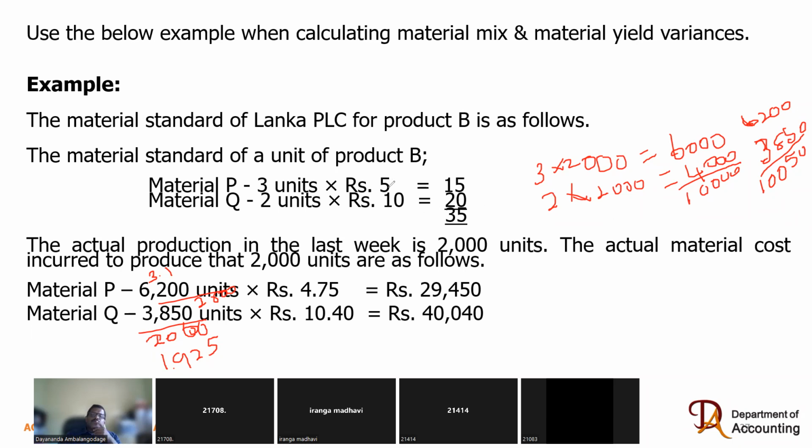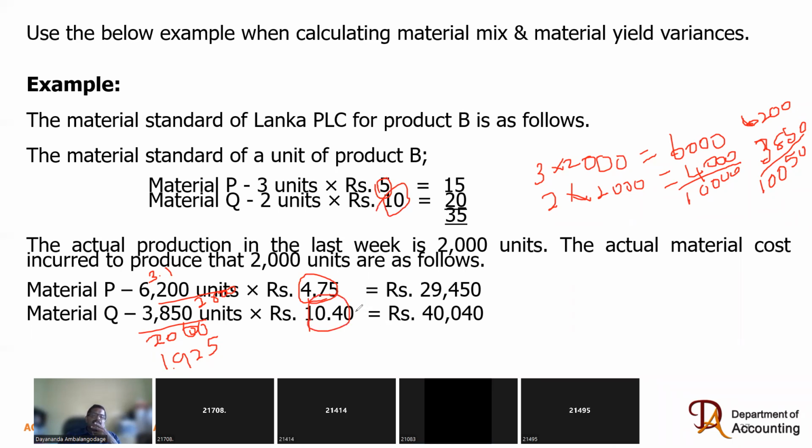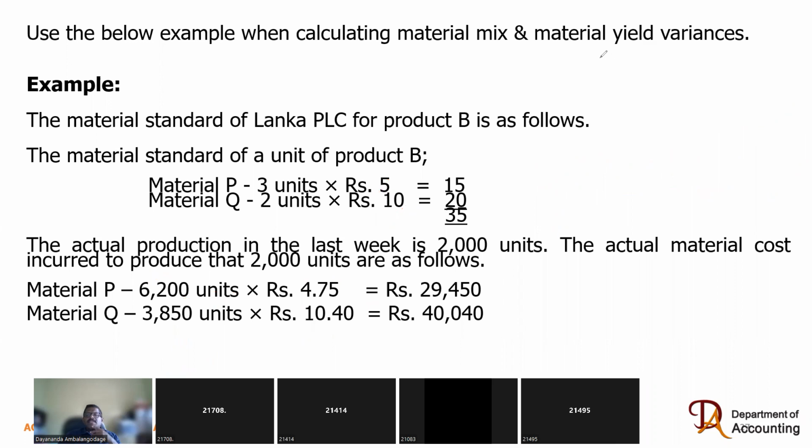And if you use the price, here 5, here it is 4.75. Here 10, here it is 10.4. Right? So what I'm trying to do is just look at the calculations, then of course you can understand.